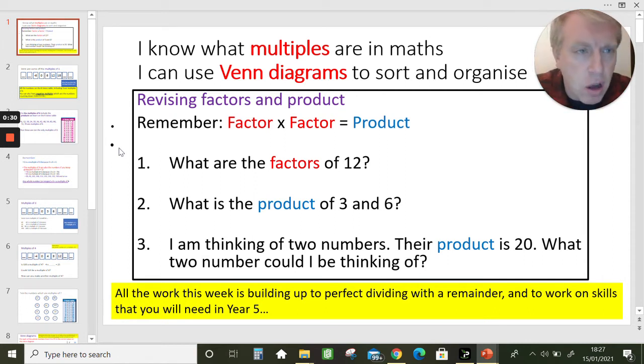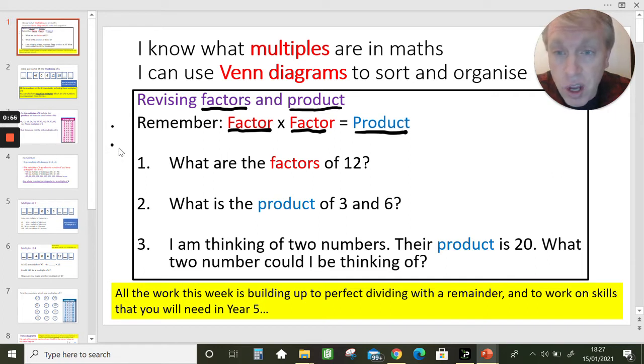Well, I've got our starter here looking back at what we were learning before, which was all about factors and the product. So pause the video and have a go at these questions. Before you start them, remember, a factor times a factor makes a product.